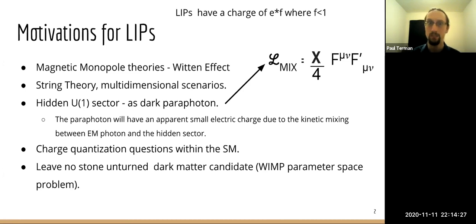String theory and multidimensional scenarios, and other scenarios where we have a hidden U(1) dark sector, the LIP comes about as a dark paraphoton as a result of what we call kinetic mixing between our U(1), electromagnetism, and the dark U(1). LIPs come out in questions of charge quantization within the standard model, and other questions such as the neutrality of the neutron. And of course, in our search for dark matter, we want to leave no stone unturned.